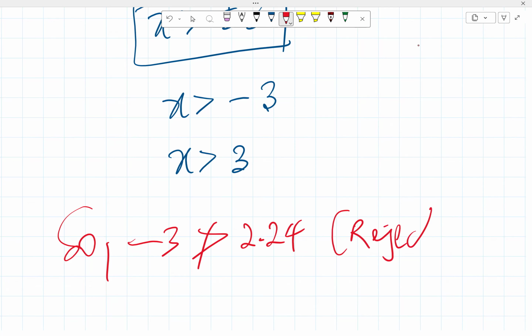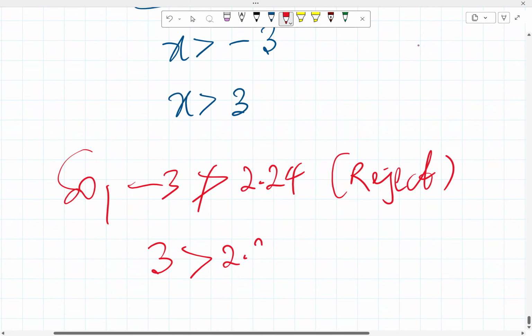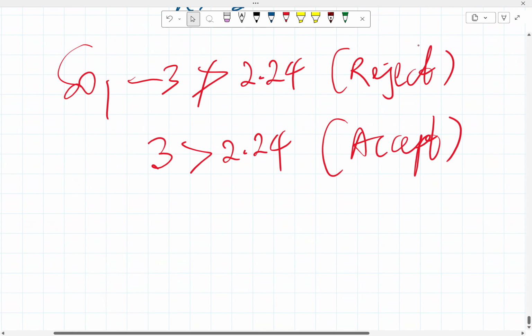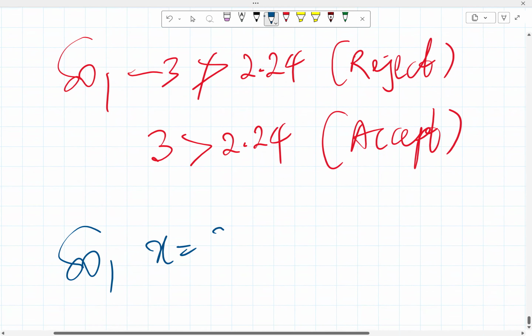Okay, we reject minus 3. On the other hand, 3 is greater than 2.24, accept. So we can conclude. So x equals 3 is valid.